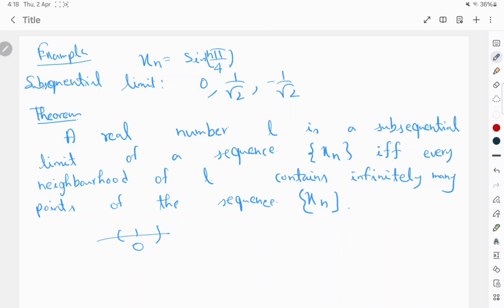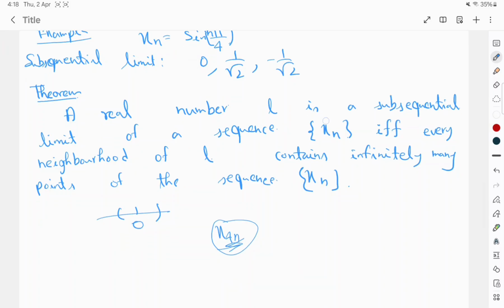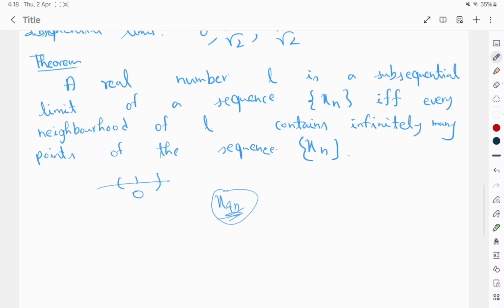For example, we have already discussed that x4n is actually the exact element 0. So how many elements are in your x4n? Obviously there are infinitely many, right? So this is very important. Sometimes this comes up; I have seen it in previous year questions.